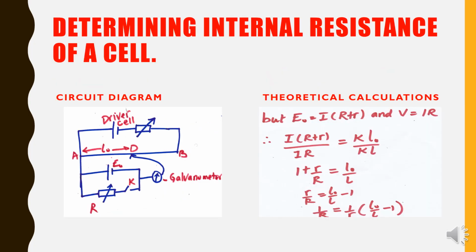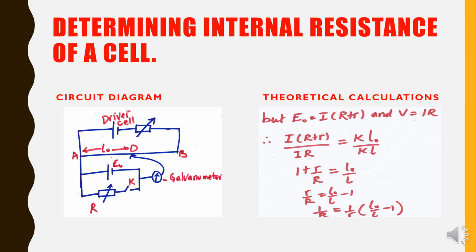We can also use the potentiometer wire to determine internal resistance of a cell. In this case, we need a resistance box. R represents a resistance box, which can be set at different values. But before including that resistance box in the circuit, we have the switch open, and then we tap the jockey along the wire until a balance point is obtained.